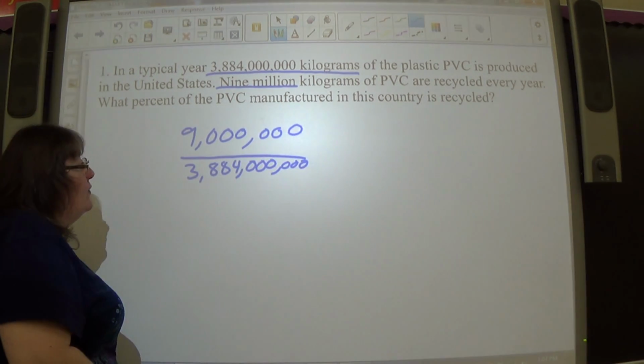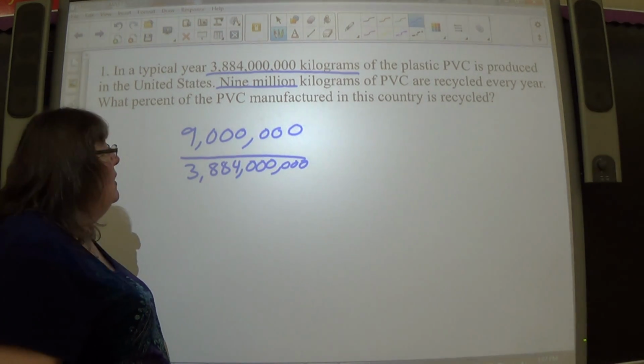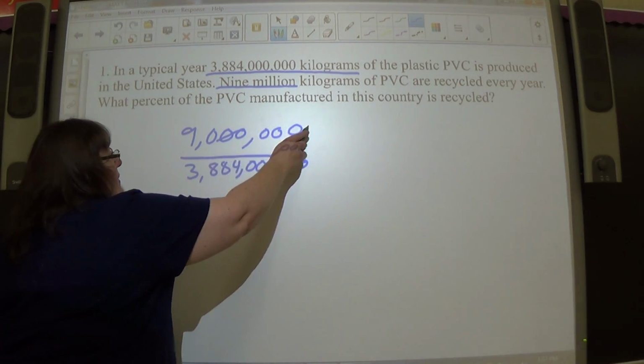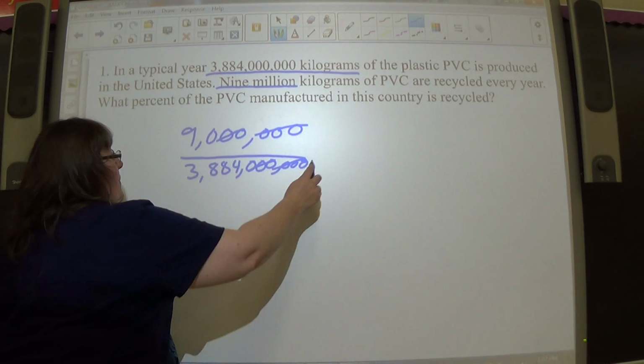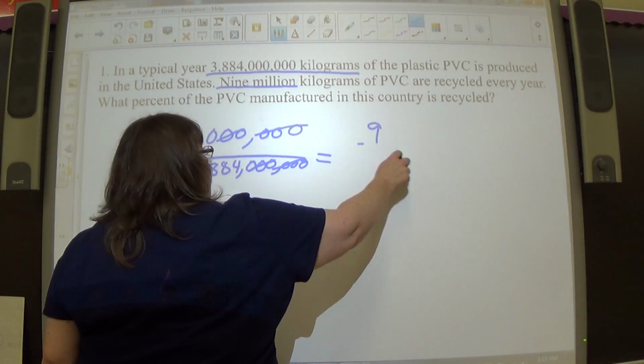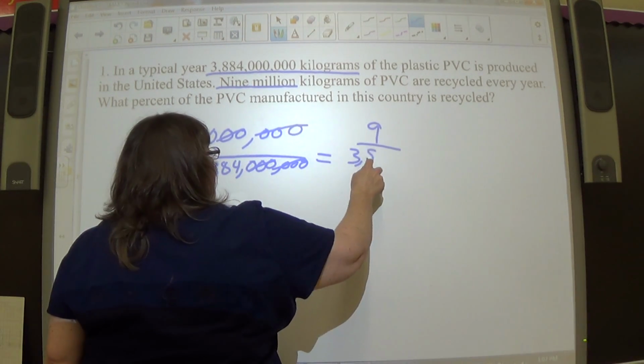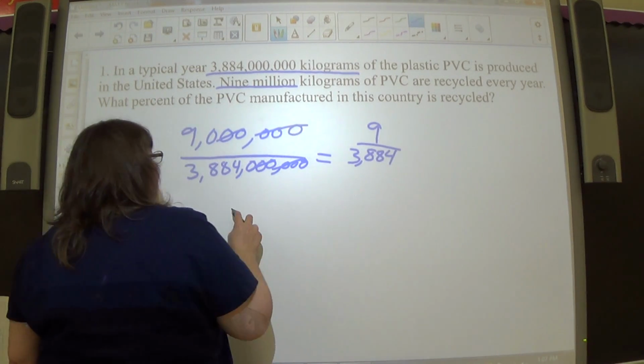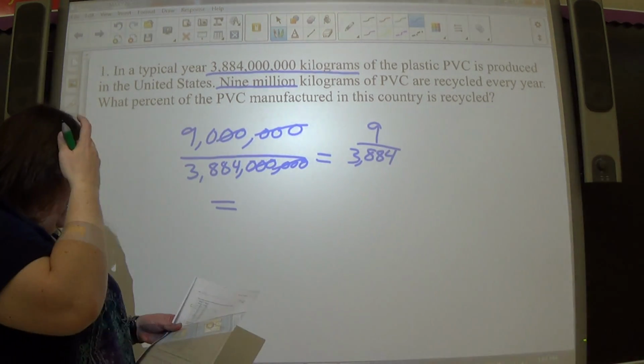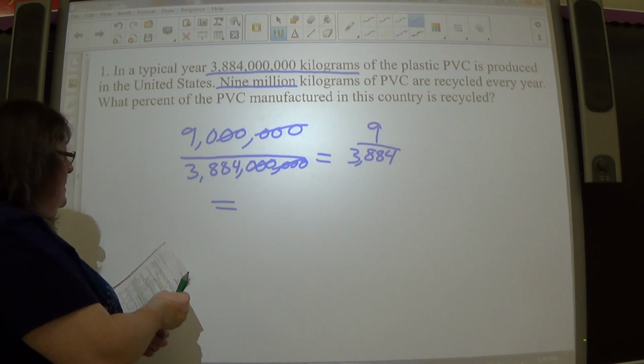Now, you guys had the 4-function calculators at this point. All you needed to do was cross out your zeros. So basically, you're looking at 9 divided by 3,884, okay? When you divide this, you're getting a pretty small decimal, okay?